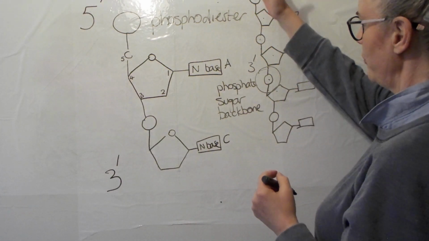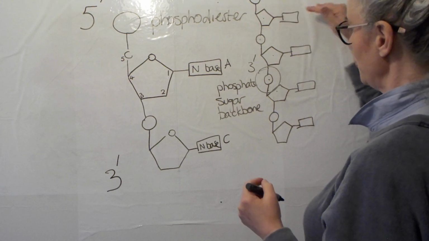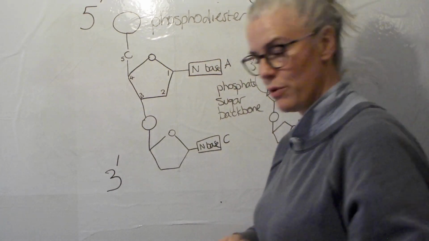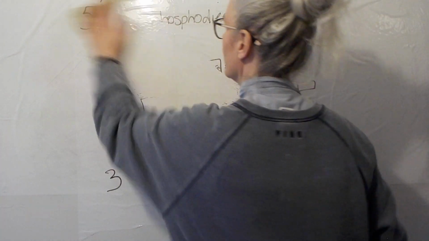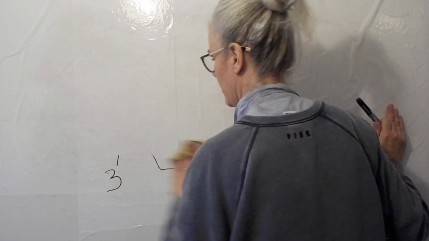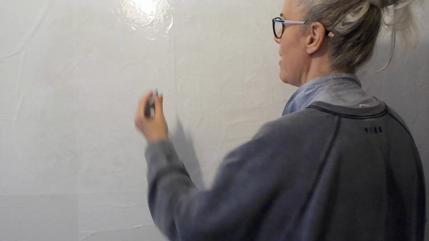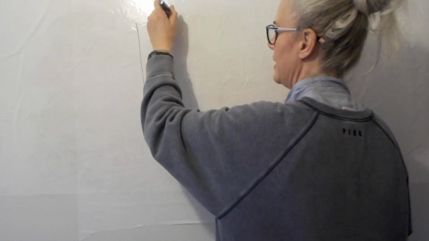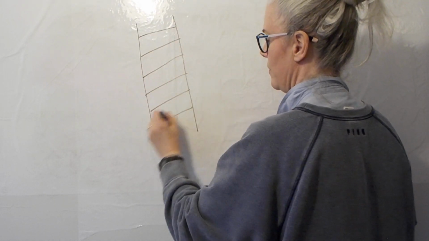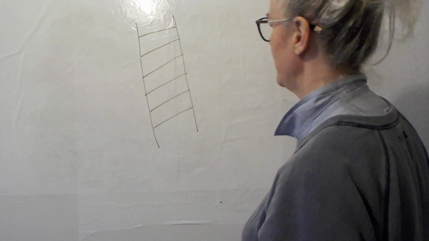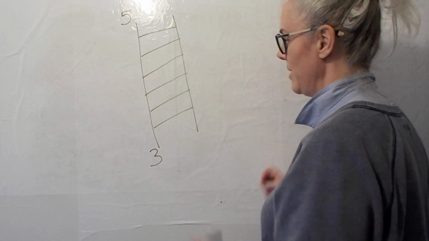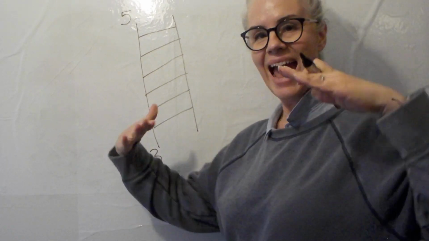So in DNA you get your phosphate sugar backbone, you get your nitrogenous bases sticking out, and we have direction, 5' and the 3'. Now when we look at a strand of DNA, a double helix strand of DNA, very wonky double helical strand of DNA, if that end is the 5' and that end is the 3', the other strand runs anti-parallel.